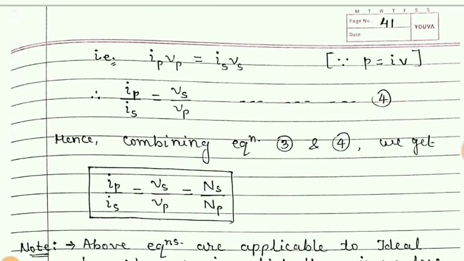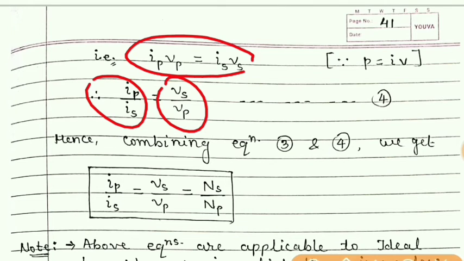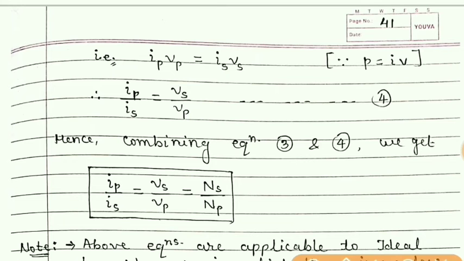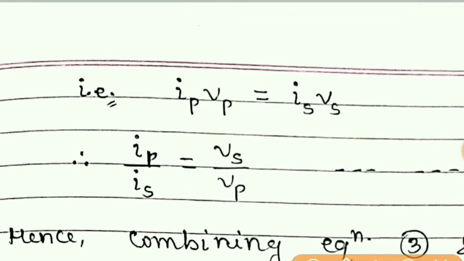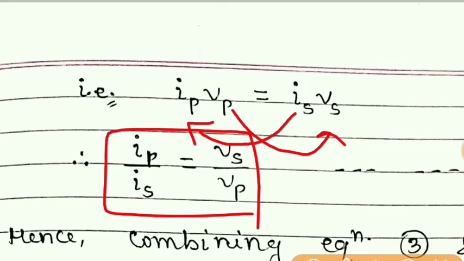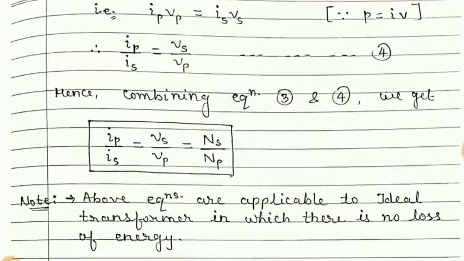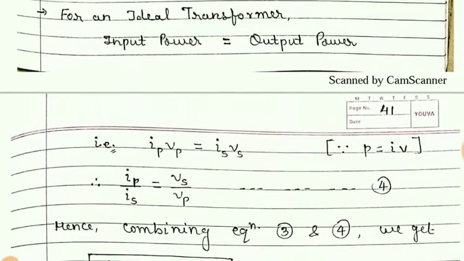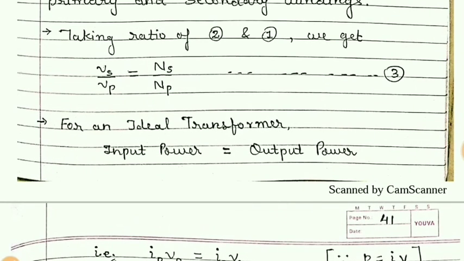Once again taking the ratio, that is writing this equation in the form of the ratio of currents and voltages, we get this equation number 4. Students, you can see here this Is is brought towards the left side and Vp is brought towards the right side. So we got this equation. Now just look at this equation number 4 and this equation number 3.